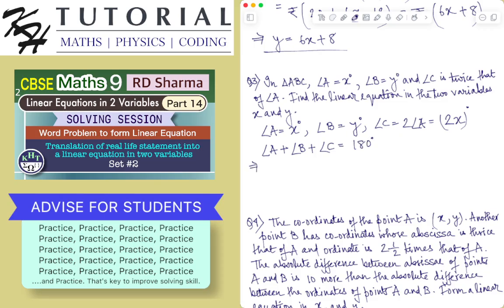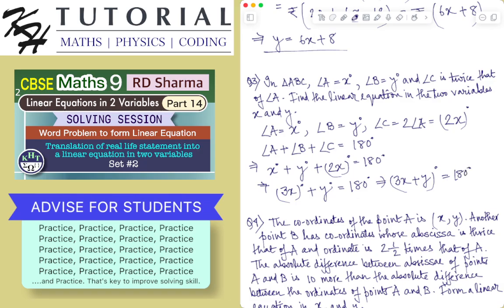Now angle A is x degree, angle B is y degree, and angle C is twice x degree, is equal to 180 degrees. So this implies x degree plus 2x degree is 3x degree, plus y degree is equal to 180 degrees. Further simplifying, I can say 3x plus y degree is equal to 180 degrees.